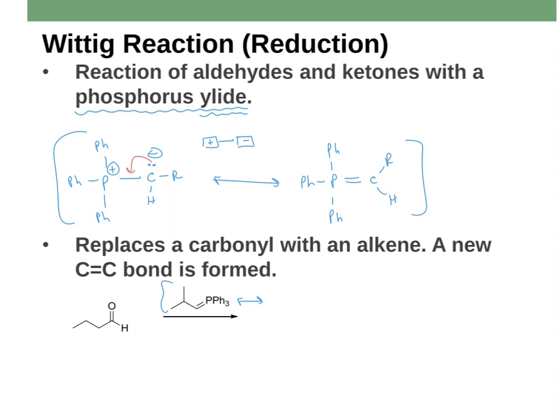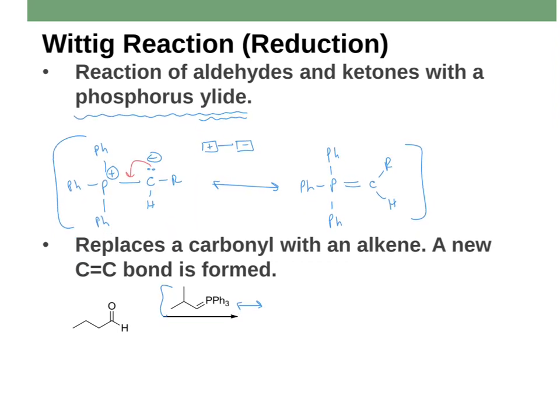Here's the ylide drawn in the double bond form, and I'm just going to redraw it out here so that you can see the charges, where you have a positive on the phosphorus and a negative on that carbon. Again, resonance structures, same thing. We've got a phosphorus ylide.